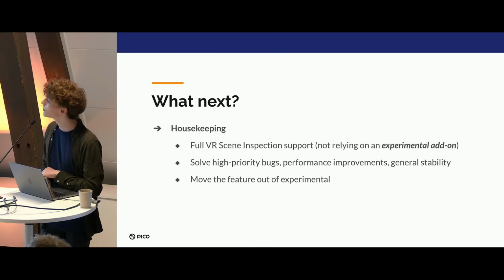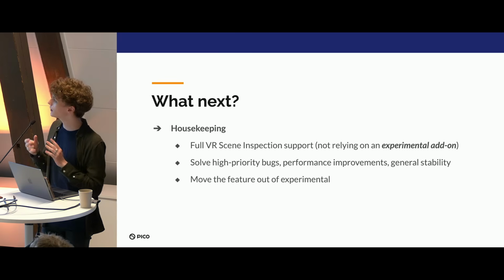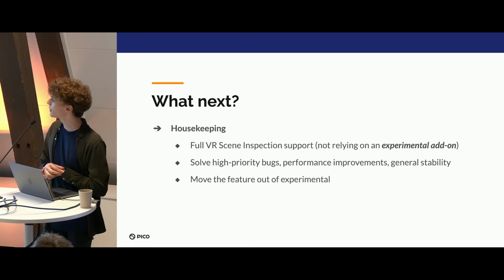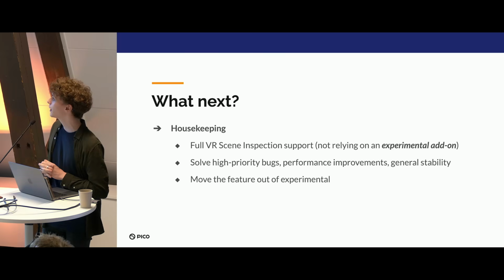And what's next? Housekeeping, yes, of course. So currently, VR scene inspection in Blender is still experimental, technically. It's been around for a long time, but it has not seen that much development in the last few years. So the goal of this task is basically to make it better: more performant, less subject to crash, solve bugs, better stability, all of this.